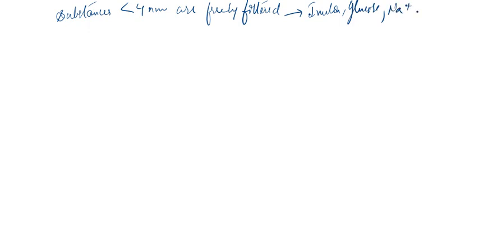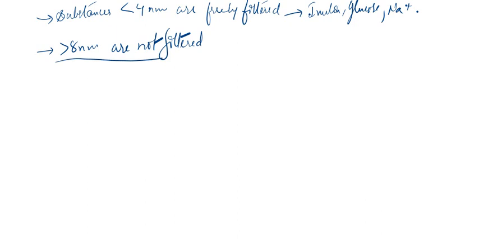Now substances which are greater than 8 nanometers are not filtered. Filtered means excreted. Don't think like others. So substances which are more than 8 nanometers in size are not filtered.